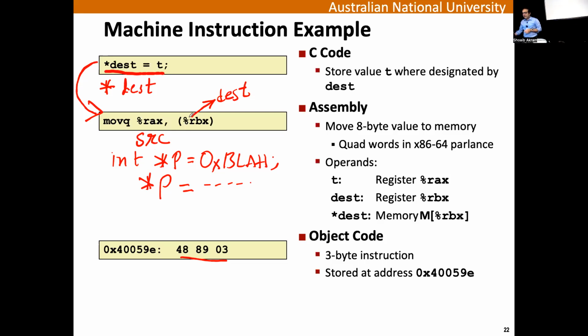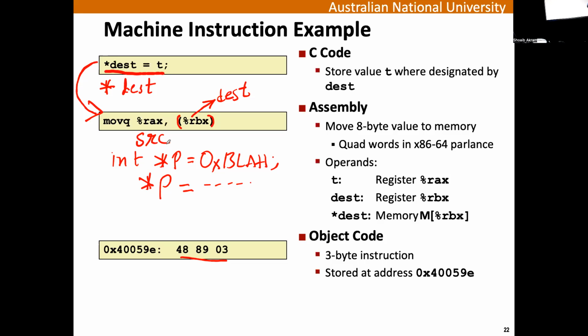And the parentheses mean treat the contents of RBX as a memory address. There was something similar in ARM, right? In the load store instructions, there was something similar.